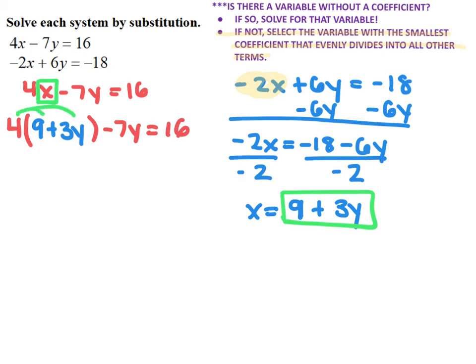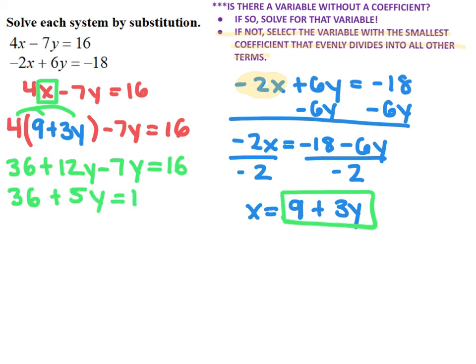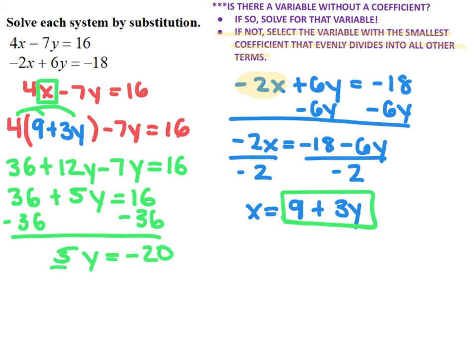In order to solve, you first need to distribute. So you get 36 plus 12y minus 7y equals 16. Combine like terms to get 36 plus 5y equals 16. Subtract 36 from both sides to get 5y equals negative 20.